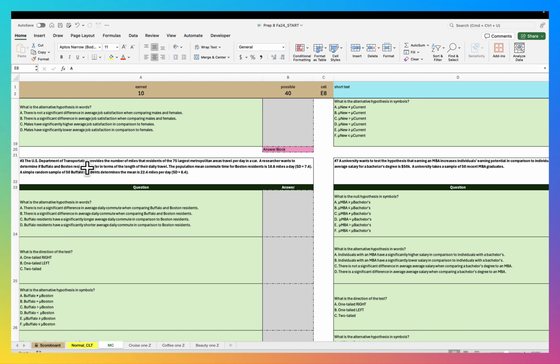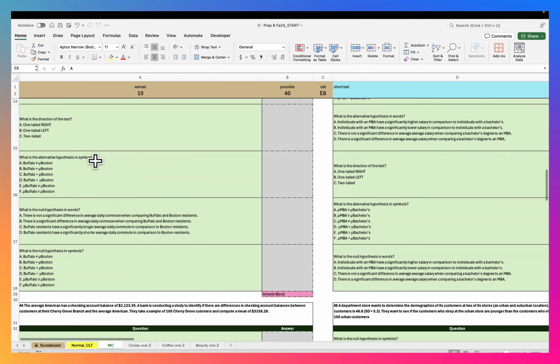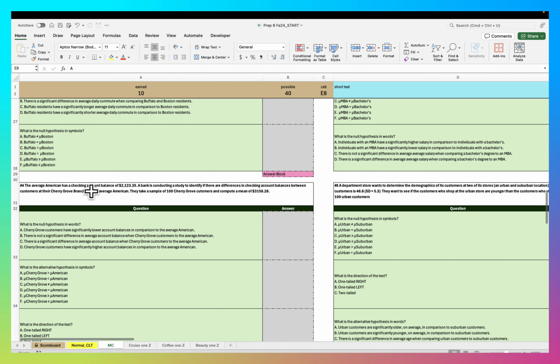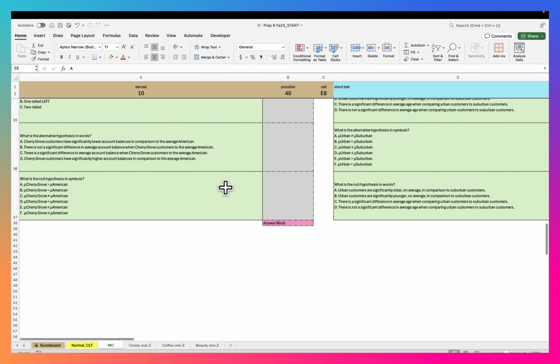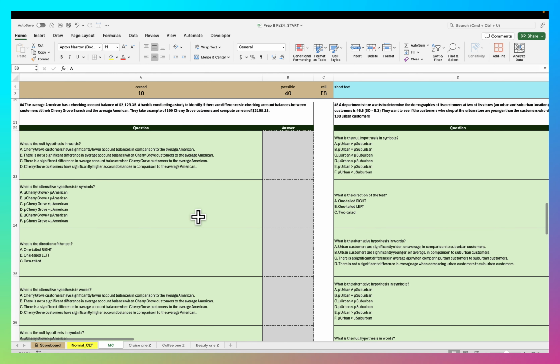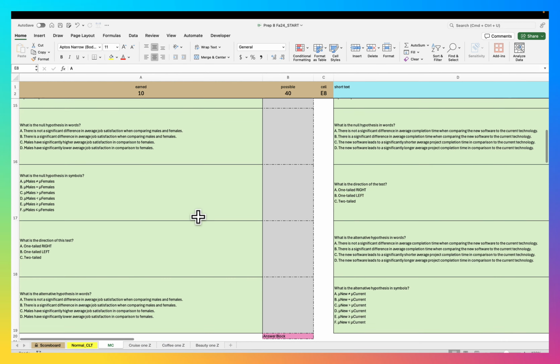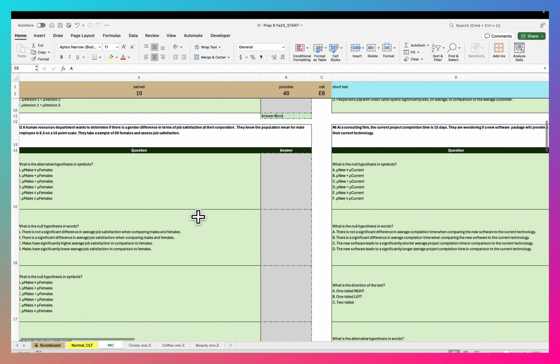If Buffalo and Boston residents differ, right? Differ is non-directional. We don't know who's ahead. Differences in checking account balances. Okay, it's non-directional. We don't know who's ahead. And so that's why I'm pretty confident that all of these are two-tail tests, non-directional, on that left-hand column.